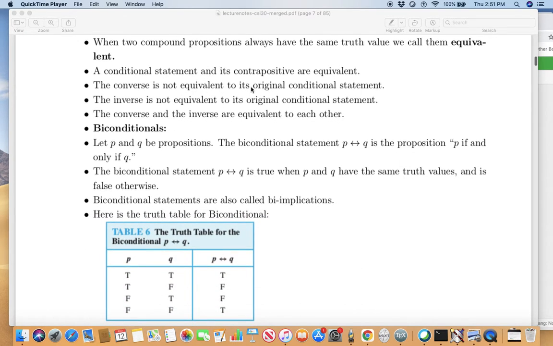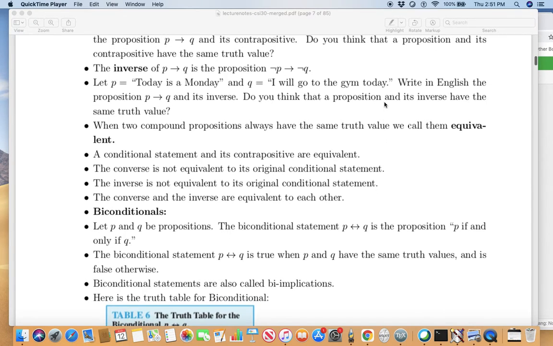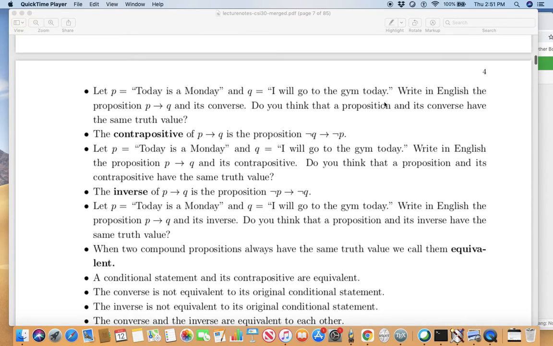A conditional statement and its contrapositive are equivalent. The converse is not equivalent to the original. The inverse is not equivalent to the original. All right. So, contrapositive, P implies Q and not Q implies not P. These are equivalent.